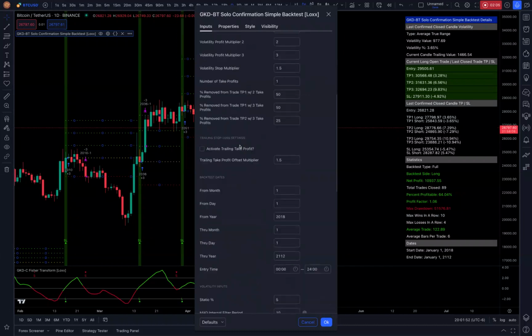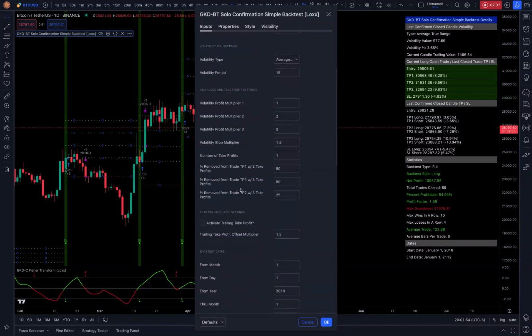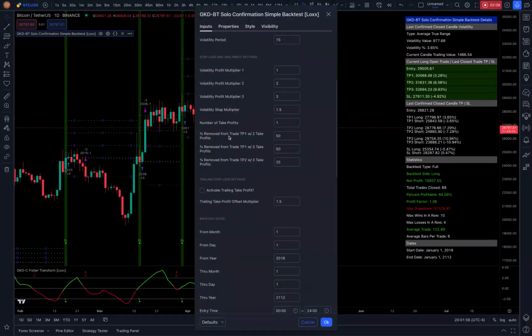Volatility type, this stuff doesn't change except for this portion right here. Instead of it being static where you take 50% off the top if there's only two take profits, take profit one and take profit two, you can change this so take profit one could be 25% off the top, which means 75% comes off in take profit two.